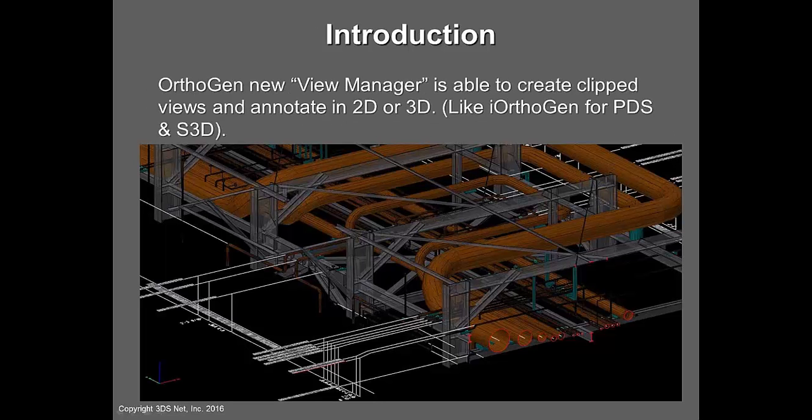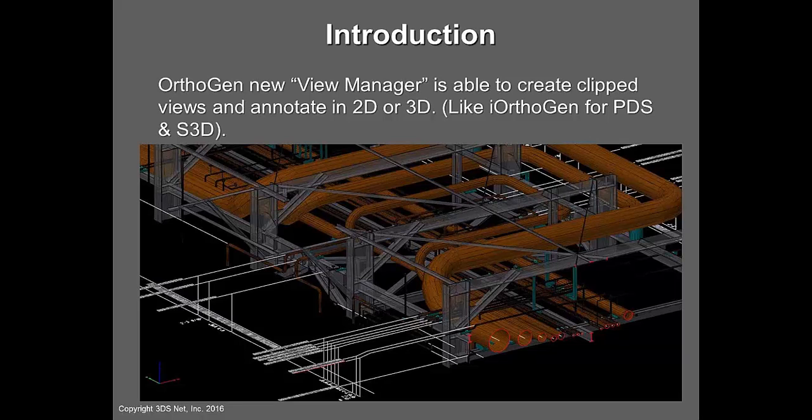In this latest release, we've added a new module called the View Manager or Space Manager. We're able to create clip views and annotate them in 2D layout or in the 3D model space. We've got a product for PDS and S3D called iOrthoGen, which users use in the fab shops and in the yards for construction support.